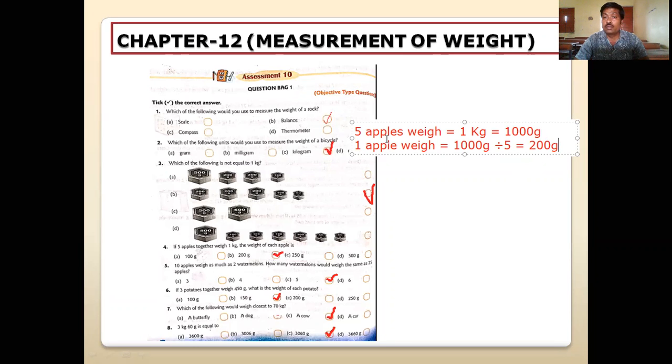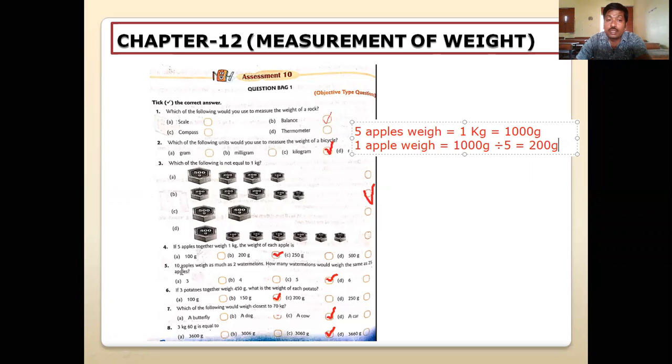When the value of more things is given and we need the value of one thing, we divide. We change 1 kg into gram, and when we divide 1000 gram by 5, we get 200 gram. That is one apple's weight, so the answer will be B.